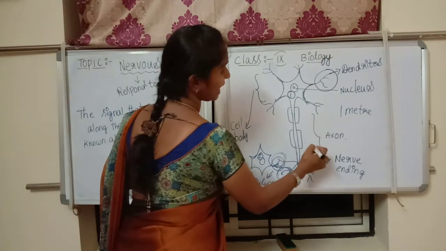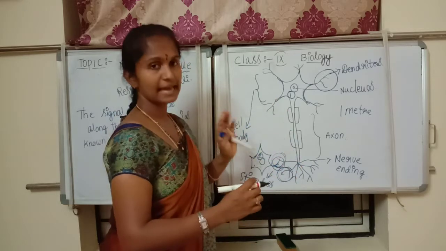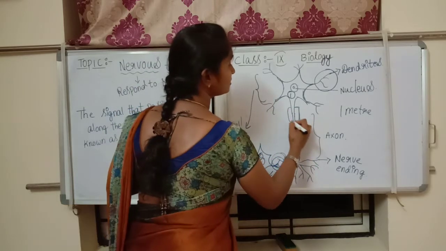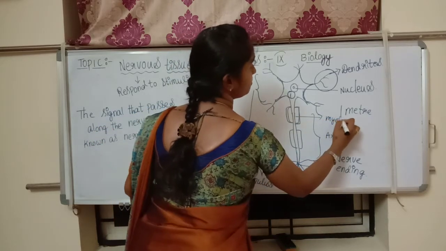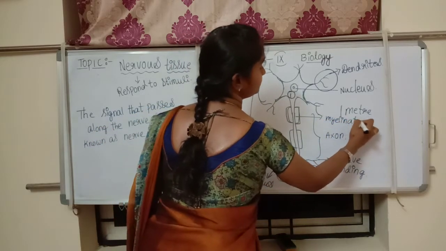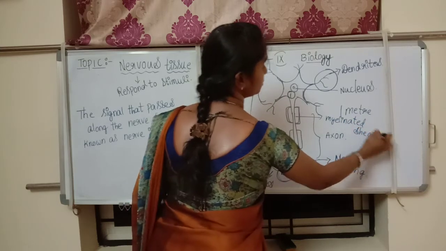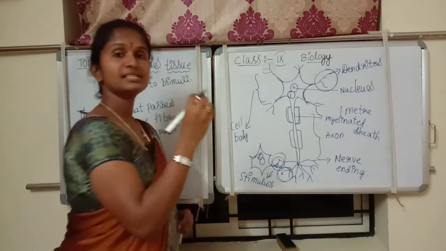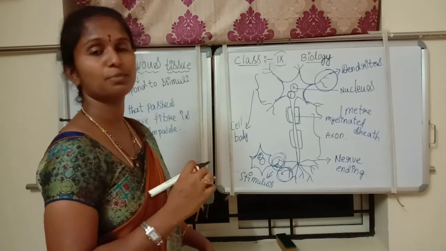Next, a small piece of information I want to tell you in detail. The elongated part from the cell body is known as the axon. These folds are nothing but the myelinated sheath. The myelinated sheath contains some amount of calcium, phosphorus and sodium components.